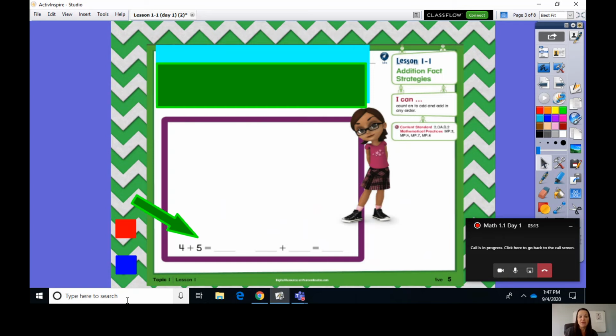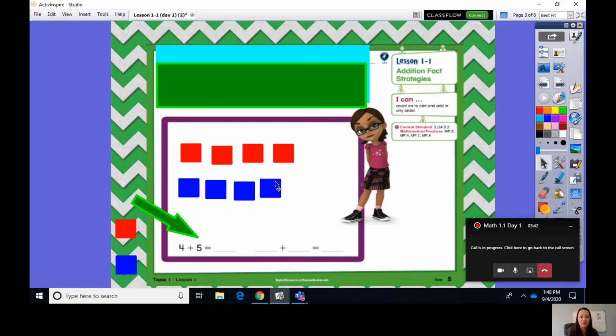All right, friends, so you added 4 plus 5. So let's do that together and see what you came up with. So I'm going to use these red squares for 4: 1, 2, 3, 4. And then I'm going to use the blue squares for 5: 1, 2, 3, 4, 5.